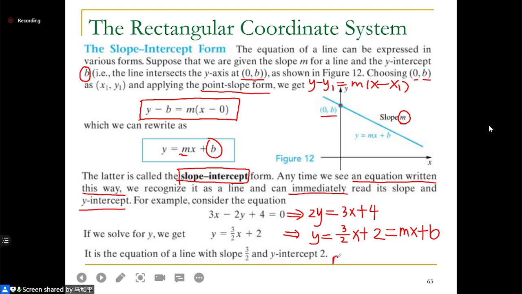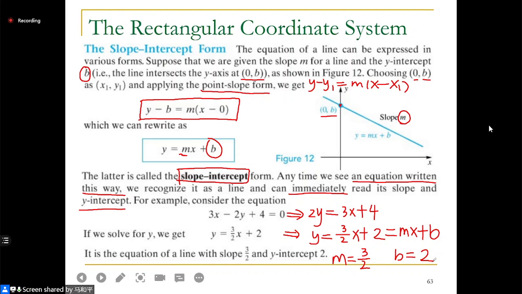So the slope m is equal to 3 over 2, and the y-intercept b is 2.